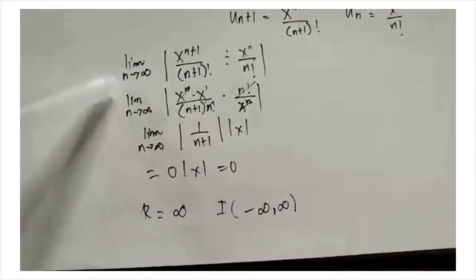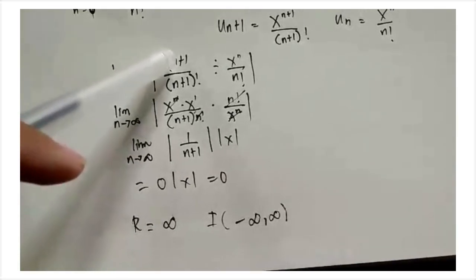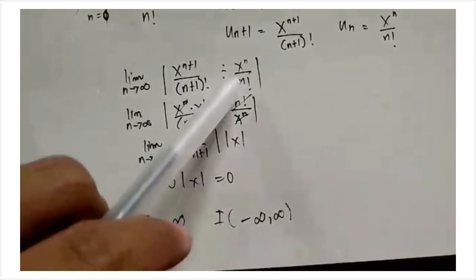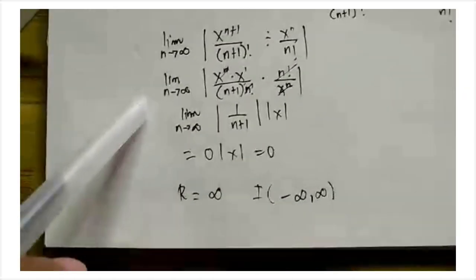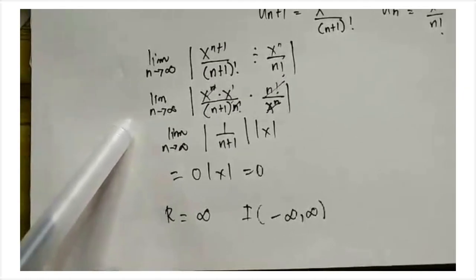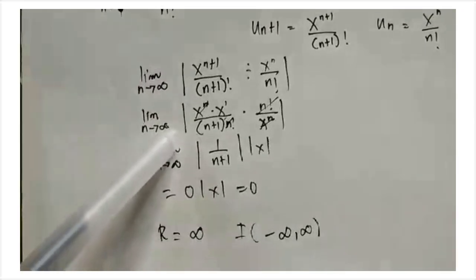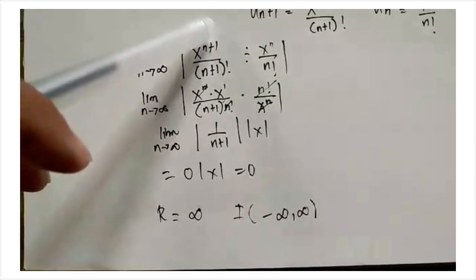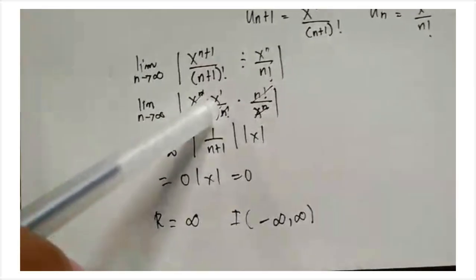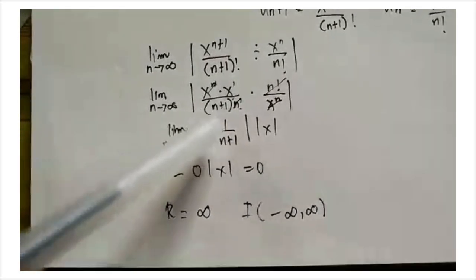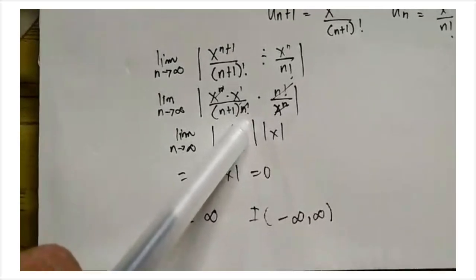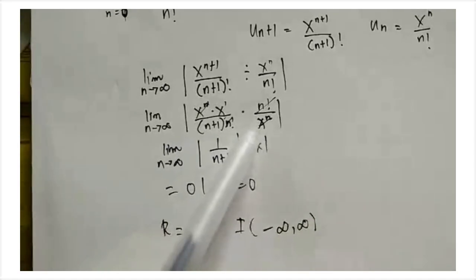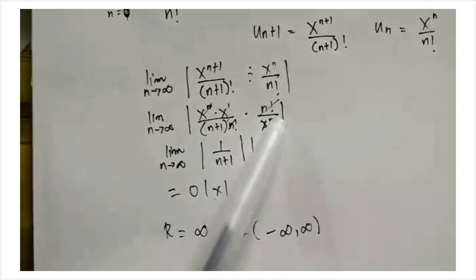So, the limit as n approaches infinity of x raised to n plus 1 over n plus 1 factorial, divided by x raised to n over n factorial. And then next, we are going to distribute. So, the limit as n approaches infinity of the absolute value of x raised to n times x raised to 1 over n plus 1 times n factorial, times the reciprocal of this, so n factorial over x raised to n.